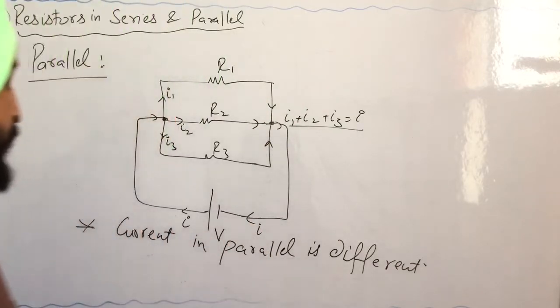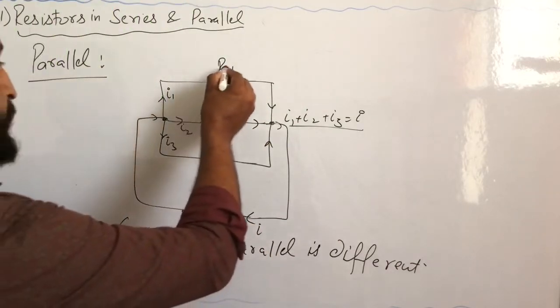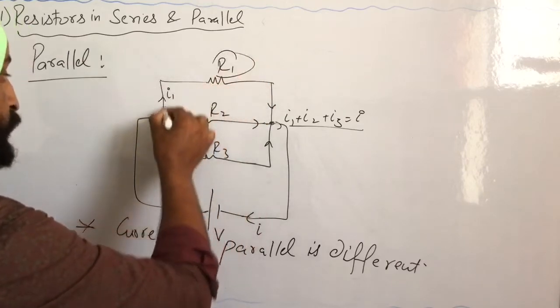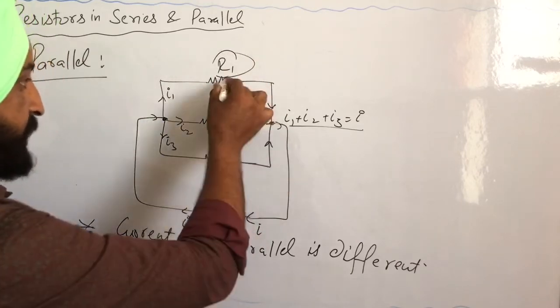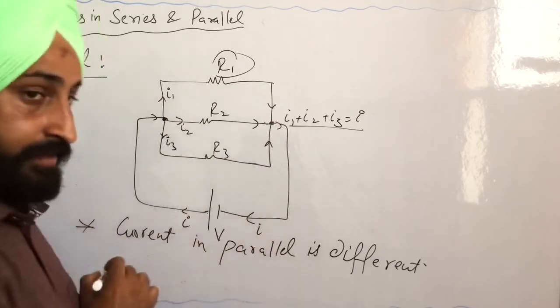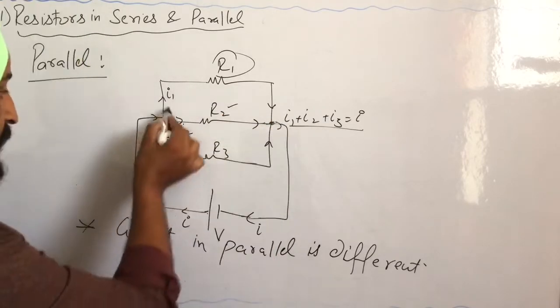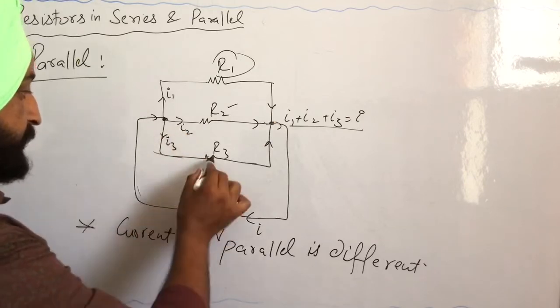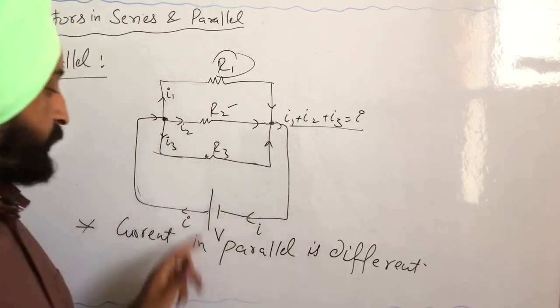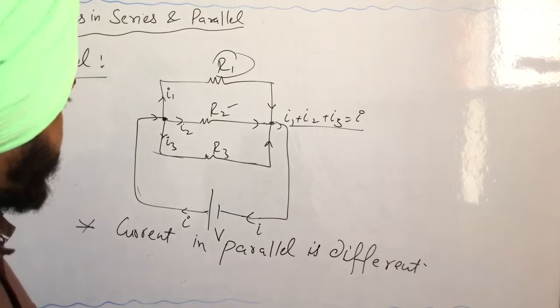But the second point is, see, resistor R1 is connected to the positive terminal of the battery and to the negative terminal of the battery directly. Similarly, the second resistor is also connected to the battery directly. In the same manner, the third resistor is also connected to the battery directly.